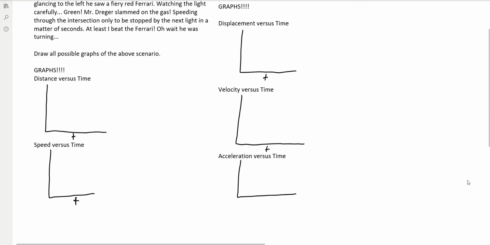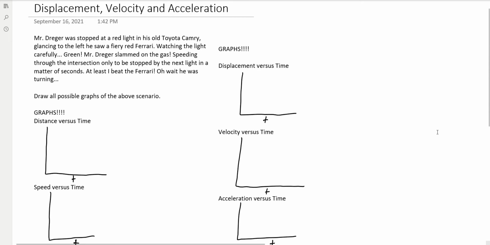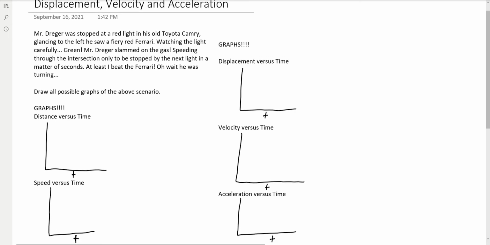Okay, I'm going to just read out our question, and then we can get started right away. Here we have distance, which should have meters. Time should be in seconds.